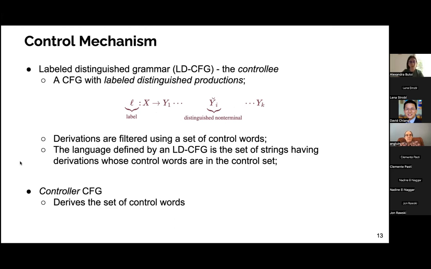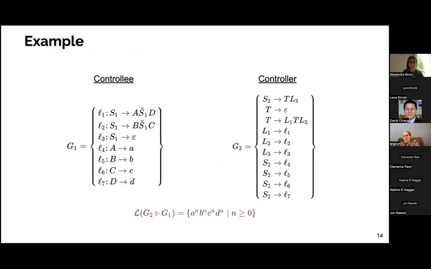And this allows the derivations to be filtered using a set of control words, and the set of control words is derived by the controller grammar. And the language defined by an LDCFG is the set of strings having derivations whose control words are in the control set. This seems a bit complicated, but I'll go over one example in a minute.